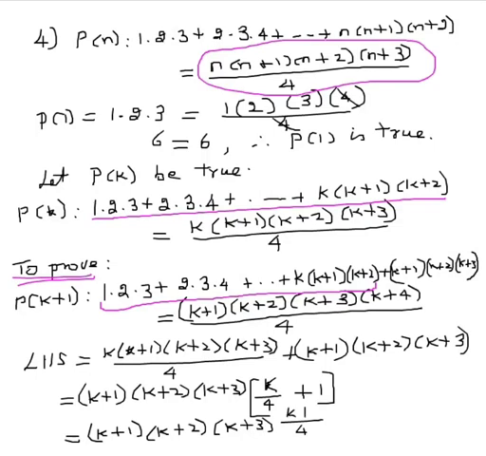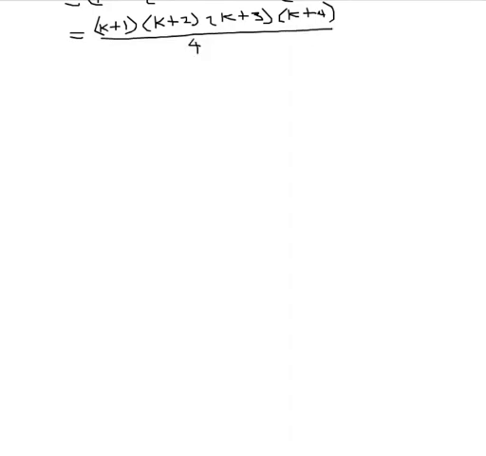We get k plus 4. And this is k plus 1 into k plus 2 into k plus 3 into k plus 4, whole thing divided by 4. And this is the right hand side of p of k plus 1 statement. So we have proved that p of k plus 1 is true.